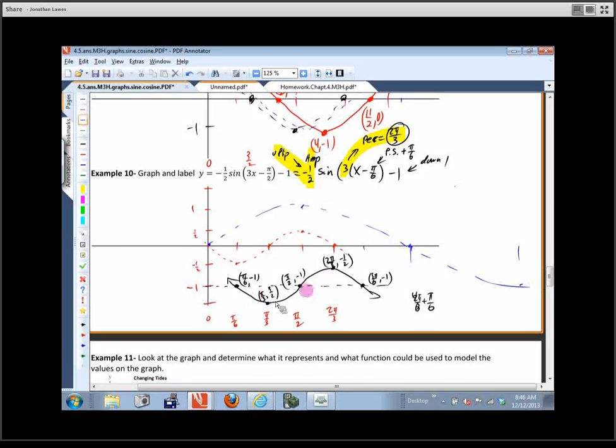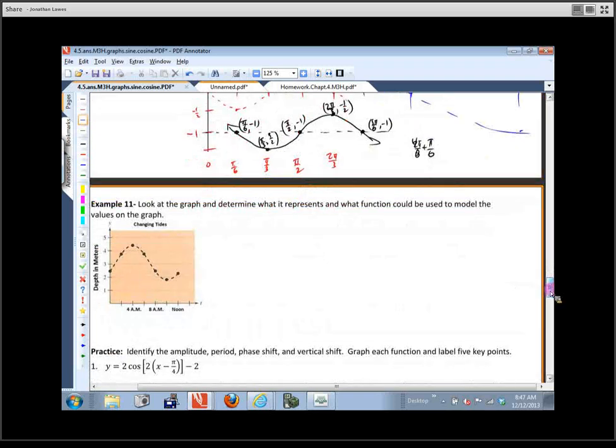Does this graph look like it's been sped up quite a bit? Change the period. Does it look like it's been flipped upside down and slid to the right and down? So does it look right? Okay. And we change the amplitude there. So it's always kind of interesting on your scale if you can graph the original one and see, gosh, does that look about right? Okay, any questions?